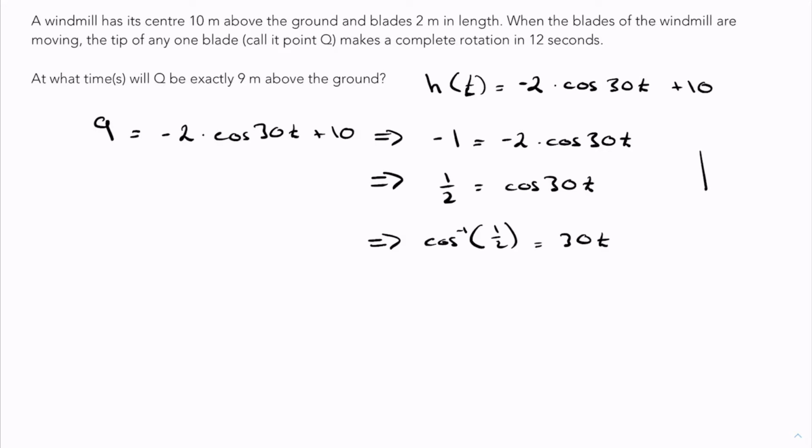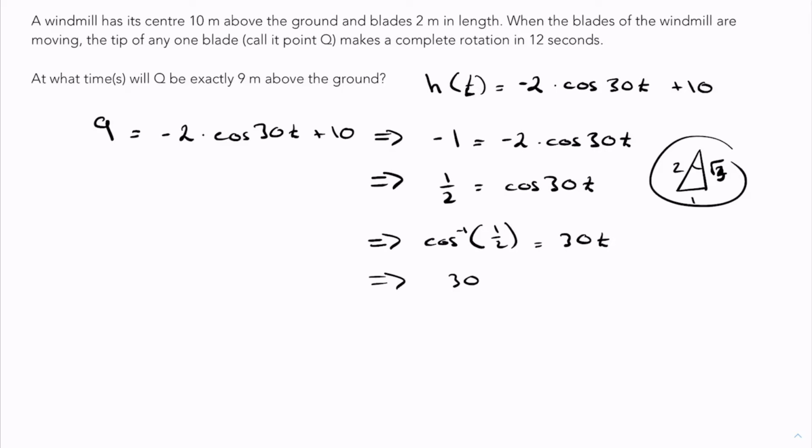And I believe 1/2, if I'm not mistaken, it'll be 30. If you don't recognize, I'm using the 1, 2, root 3 triangle.